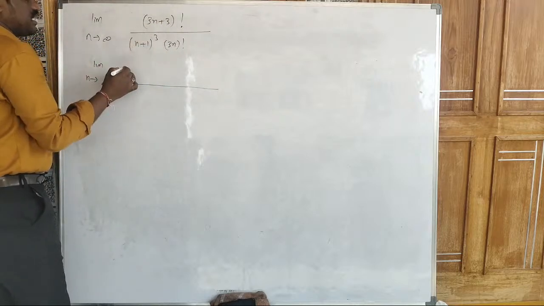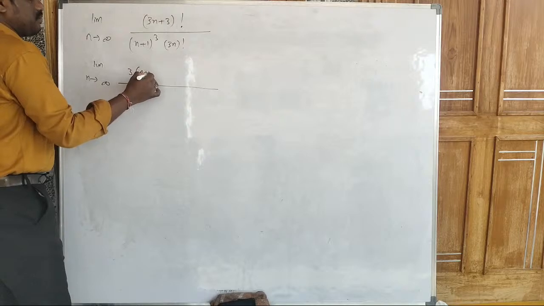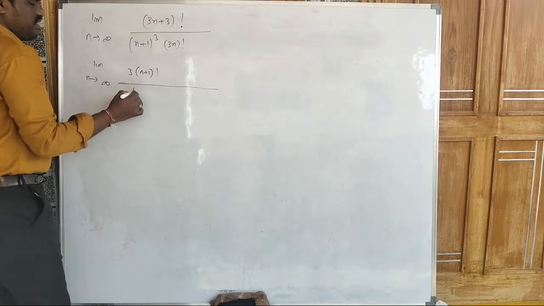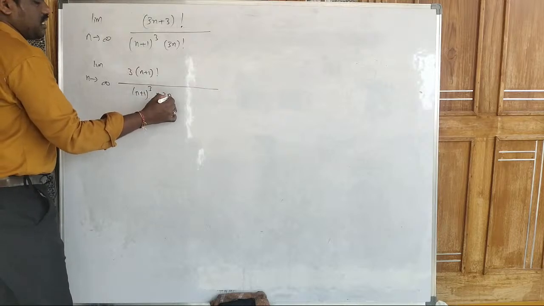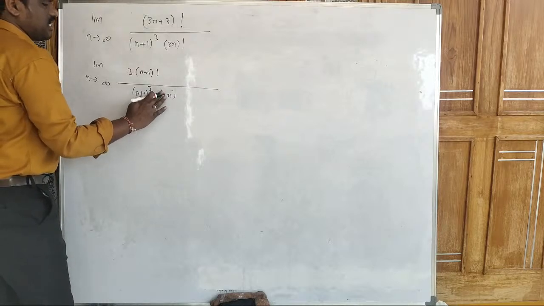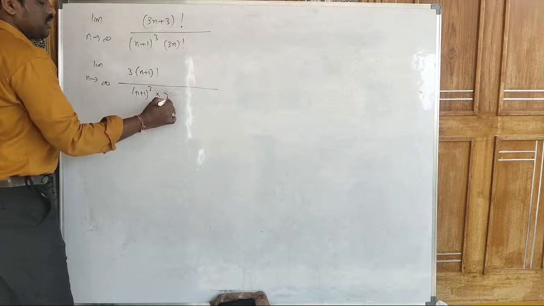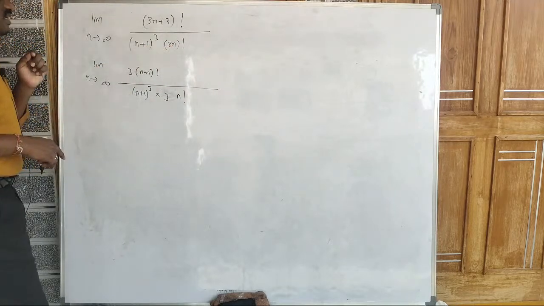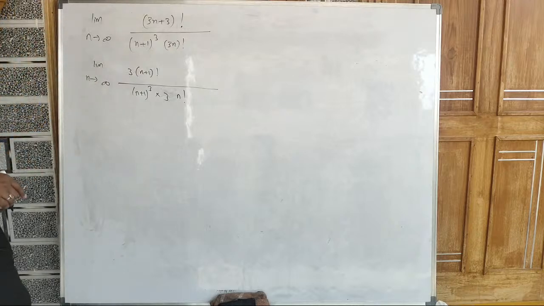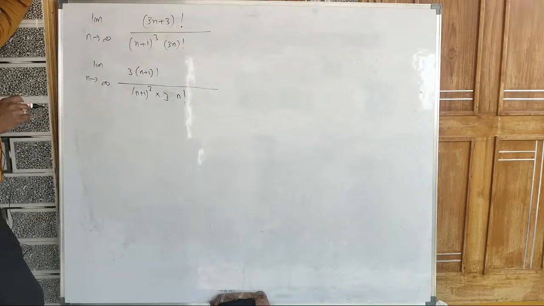If I take 3 common, I get n plus 1 factorial divided by n plus 1 whole cube into 3n factorial. Whenever factorial is there, I can write 3n factorial. Okay. Now what can I write now?